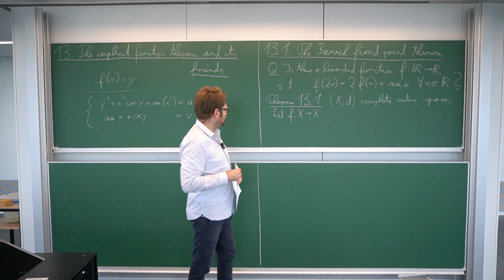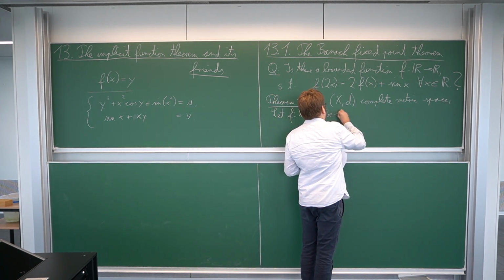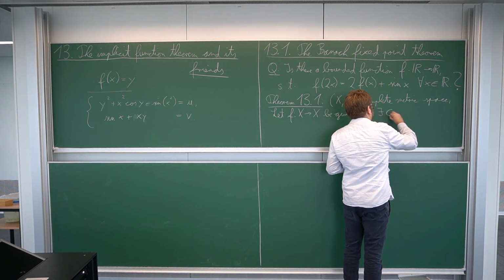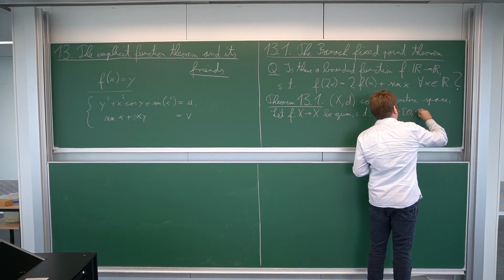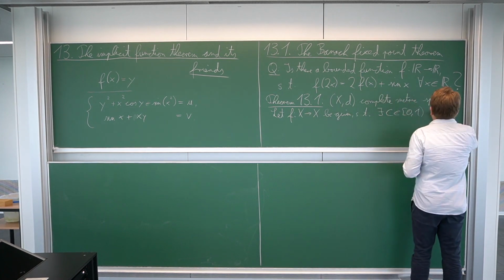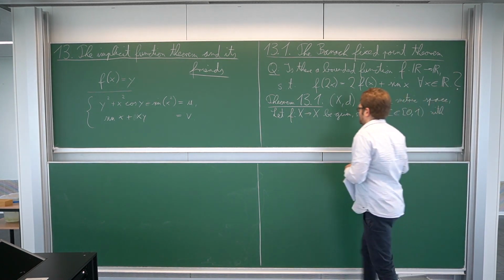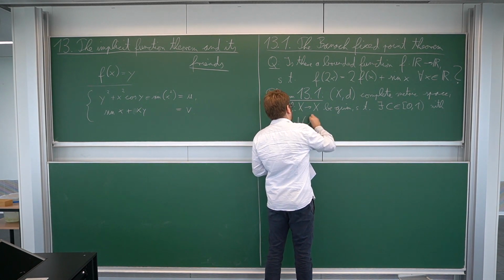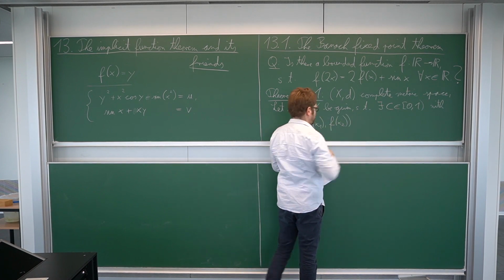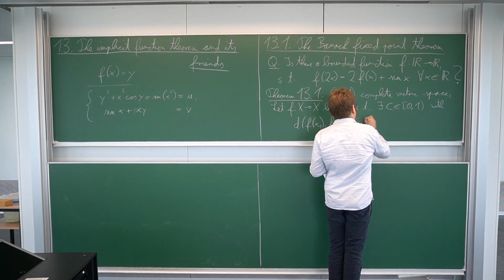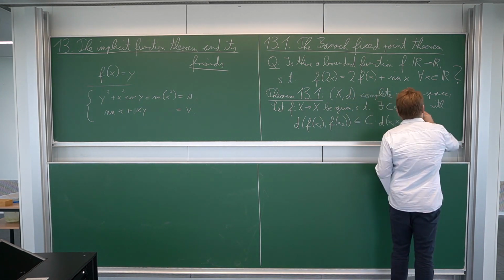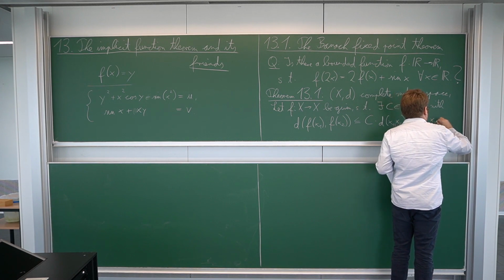So the map from the metric space to itself is given such that there exists a constant c between 0 and 1, with 0 might be included but 1 not, so smaller than 1, such that the distance of f of x1 and f of x2 for any two points x1 and x2 is smaller than or equal to c times d of x1, x2, and this holds for all x1, x2 in X.